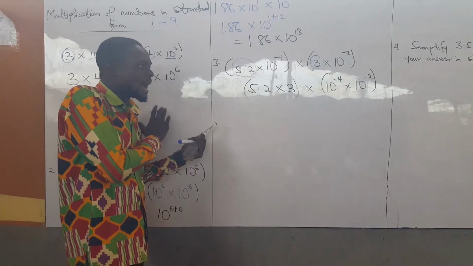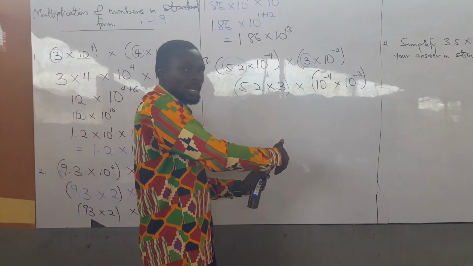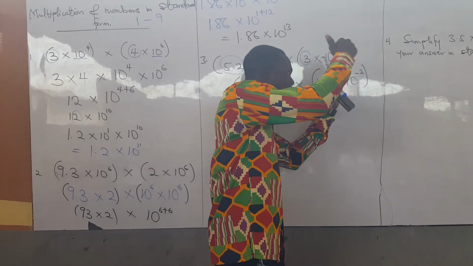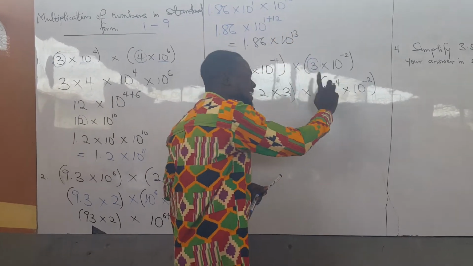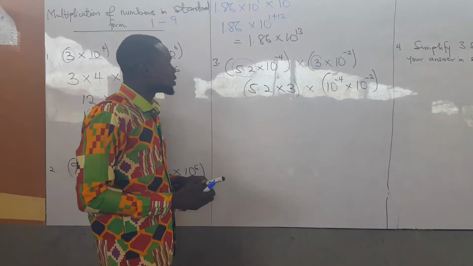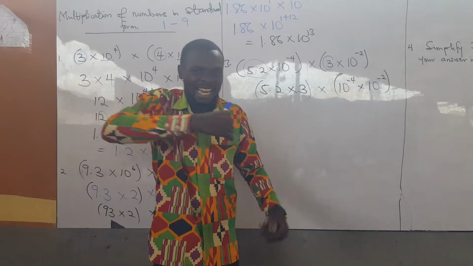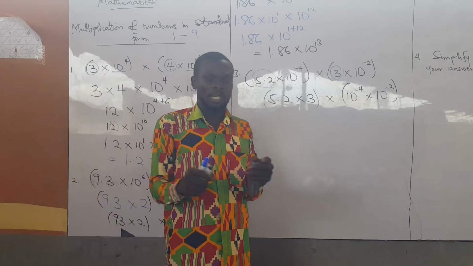So the same idea, we are going to multiply 5.2 times 3. Then we are also going to multiply 10 raised to the power 4 times 10 raised to the power negative 2. Negative 4. So now, the same idea for multiplying decimals. And next, the decimal point. That means take off or assume that there is no decimal point.